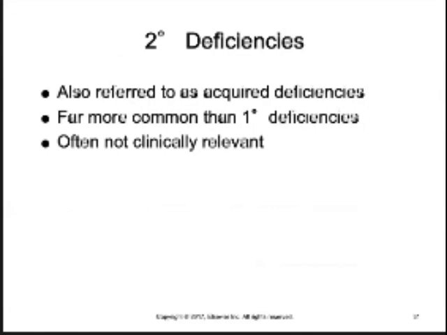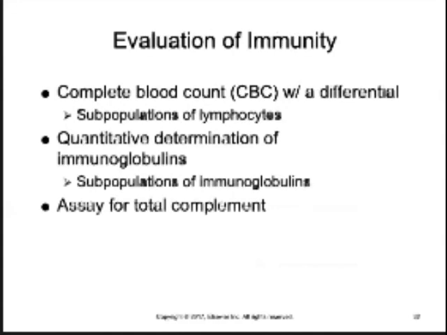Secondary deficiencies, also referred to as acquired deficiencies, are more common than primary deficiencies, and they're often not clinically relevant, but they are in certain special cases, right? When we look at somebody's immune function, we need to do a CBC in order to determine whether they have the requisite number of white blood cells in each class, okay?